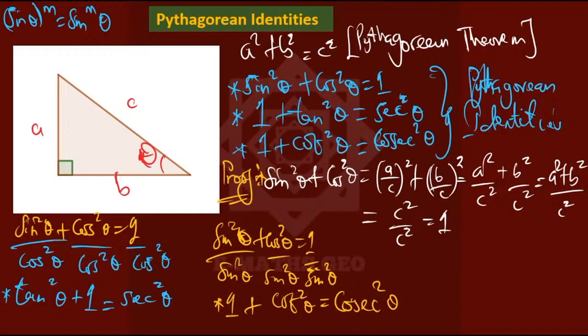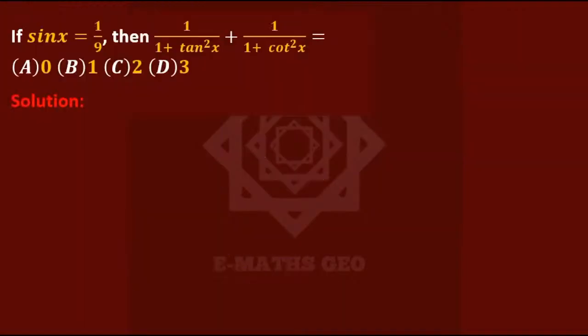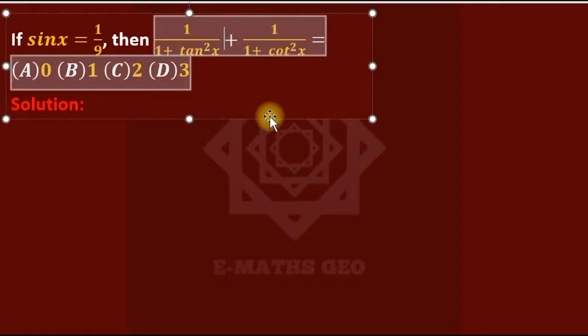So let's look at this question. If sine x is 1 over 9, then we should evaluate this.